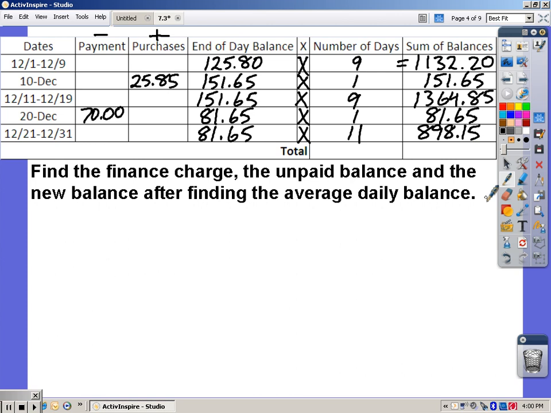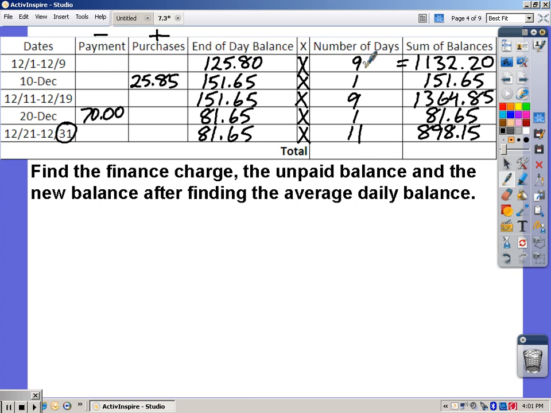Okay, now, to confirm that we've done this right, you should know that December has 31 days. It tells us right here that it has 31. Add up the number of days to make sure you get 31. If you don't, you've done something wrong. Okay? 9 and 1 is 10. 9 and 1 is another 10.